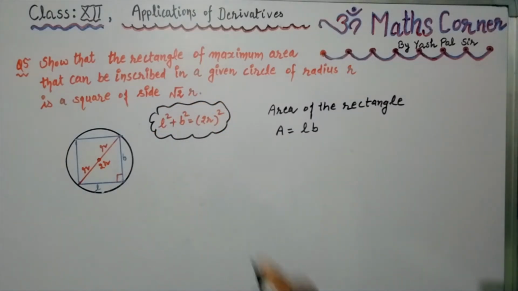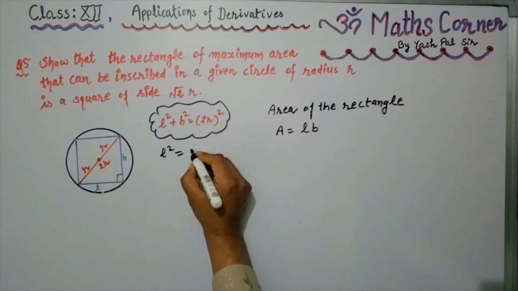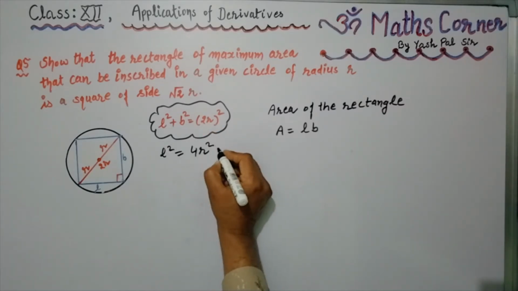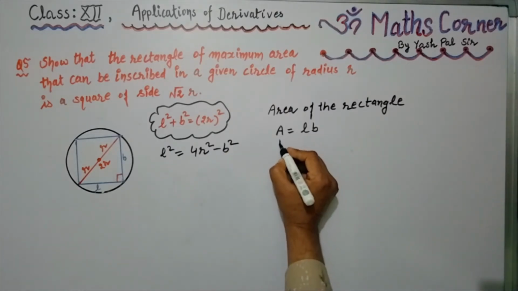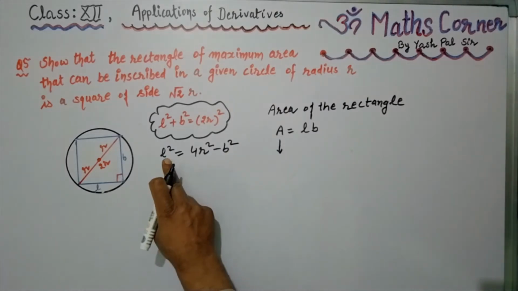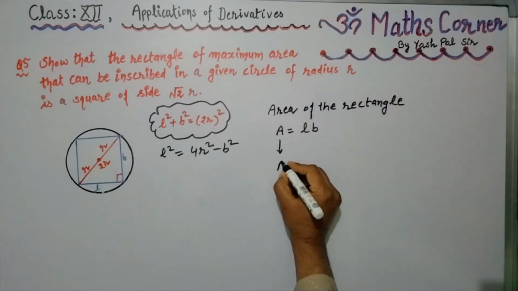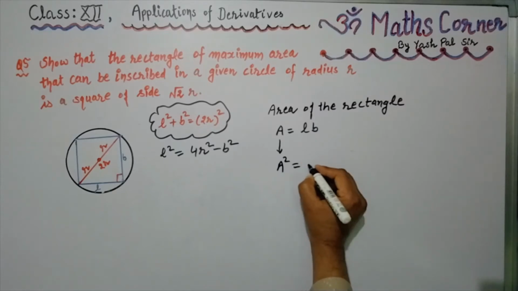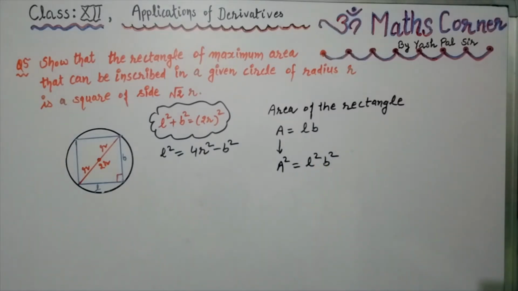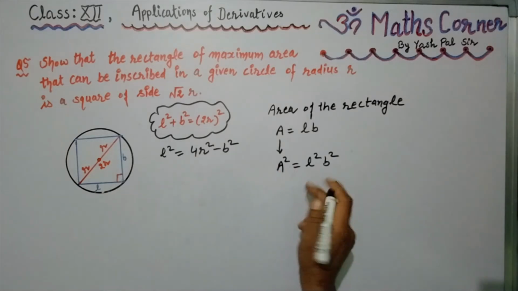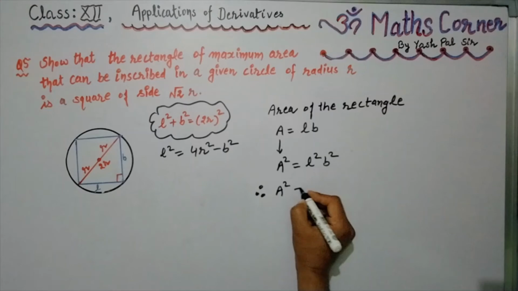From this relation we can take the value of one variable, that is, L square is equal to 4r square minus B square. Here also, instead of taking the square root, we can square the area. We say A square is equal to L square into B square.